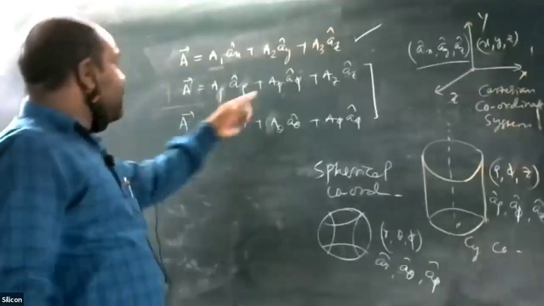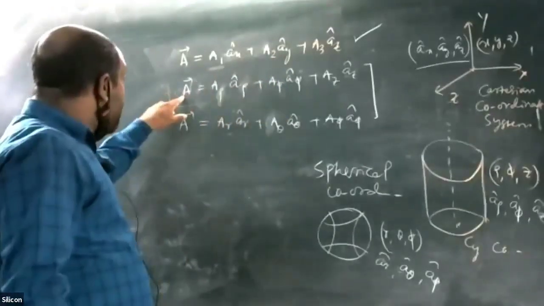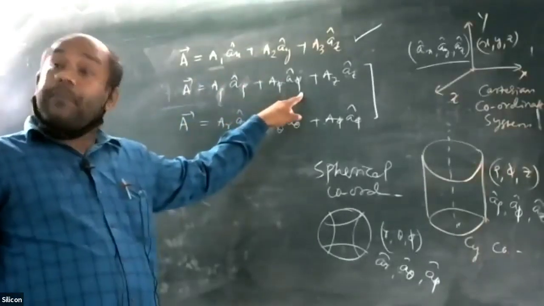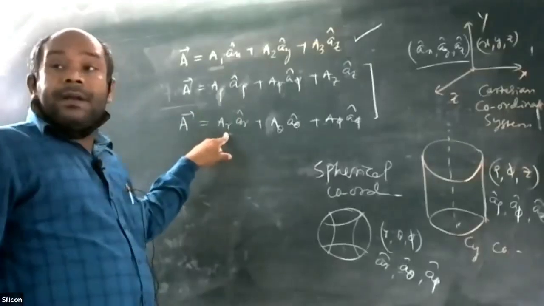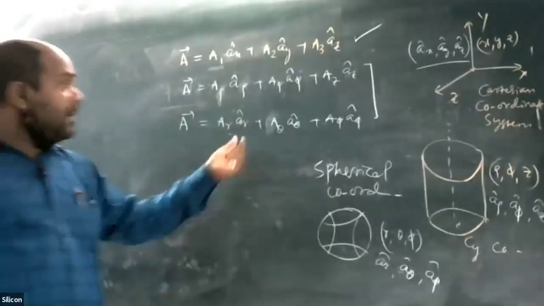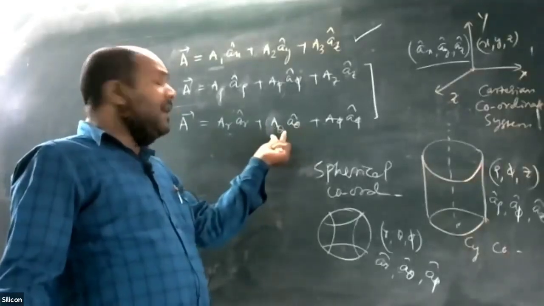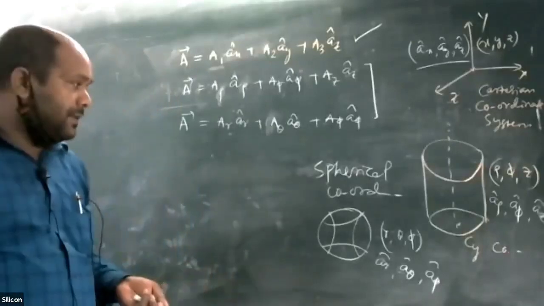Similarly, if I ask what is this A phi, you will say magnitude of the vector along phi axis. Similarly, AR is the magnitude of the vector along r axis. And A theta is the magnitude of the A vector along theta axis.